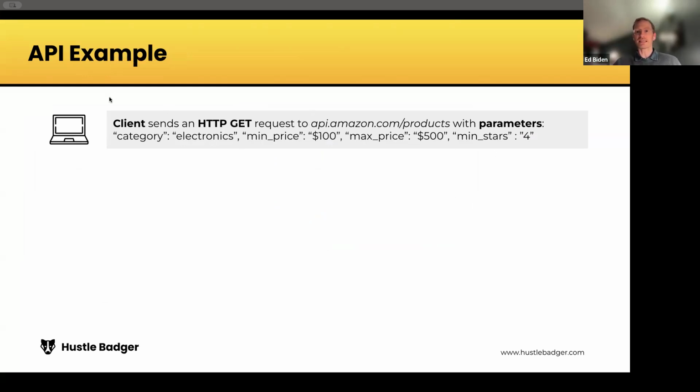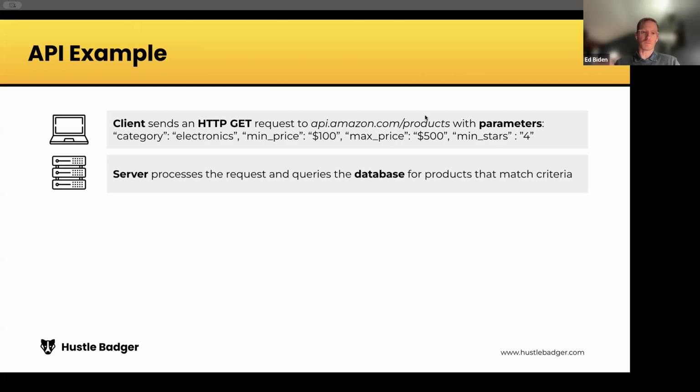You select that in the filters on the search bar, and the web page generates this API request. It's got the URL and the parameters. It will figure out the authentication because you're on the Amazon webpage, and it's going to send it to the server. The server then processes that request and converts it into a format where it can call the database for those products that match.